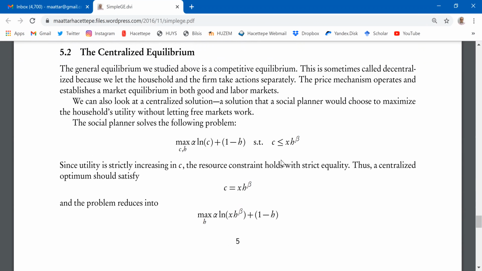Now, as I said before, with a given model environment, you can study many different economic systems. The system we just studied is a private ownership economy, and free markets operate, right? So this is laissez-faire. There is no government.